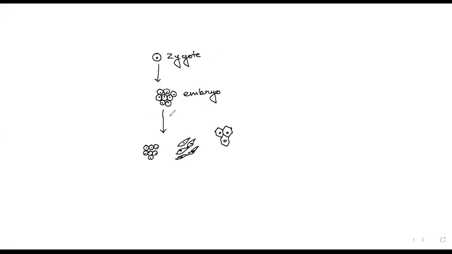This whole process is called differentiation, and this tissue is called differentiated, and we call this undifferentiated. I am repeating once again for confirmation that whatever I am saying is registered in your mind or not.